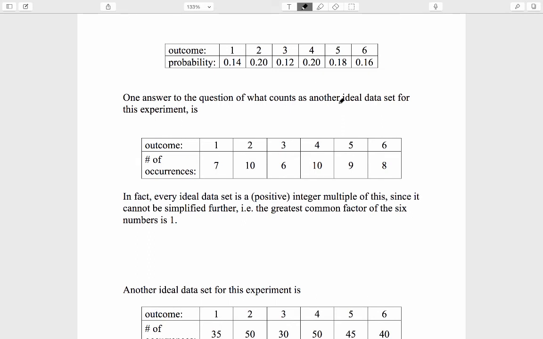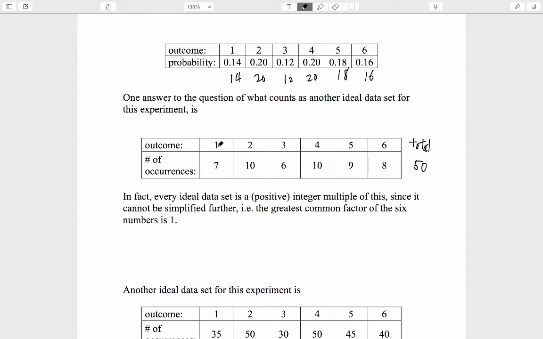There are, in fact, infinitely many answers, but this one is a particularly convenient one to think about. Here, I've rigged it so that the total is 50 rolls. There are 50 performances of the experiment. Why 50? Because we could notice that the numbers we had earlier, the results of multiplying through by 100 here, were all even, which means that we can divide them all by 2, and they will still be in the same relative proportions.